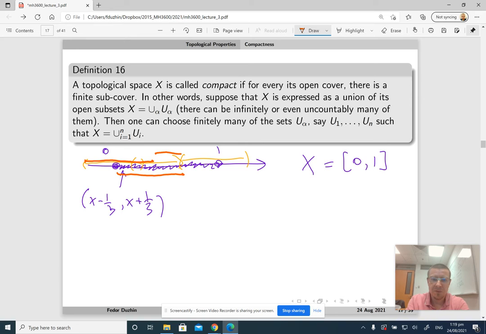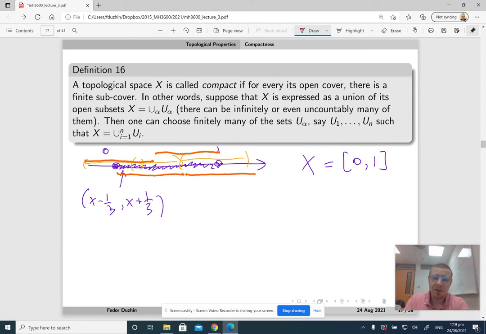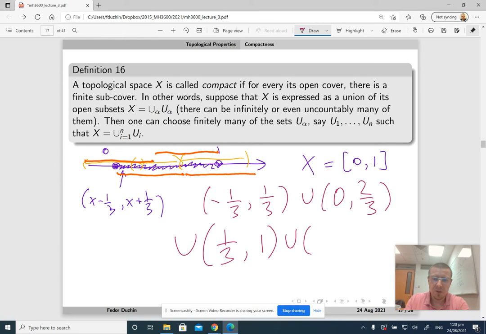The third is from 1/3 to 1, and the fourth is from 2/3 to 4/3. So out of infinitely many open intervals, we only selected 4 that together still cover the whole X. Together, these 4 intervals contain my closed interval from 0 to 1.